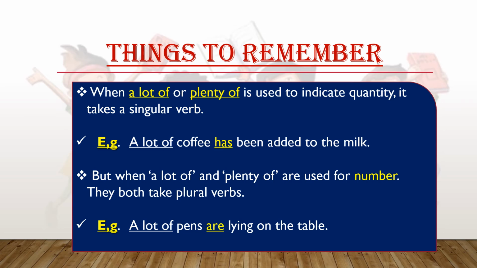So in that case, your verb will always be plural. That is why the verb used over here is are. A lot of pens are lying on the table. It's a plural verb. Always remember, in case of quantity, we will use a singular verb, and in case of number, we will use plural verbs, if we are using these words a lot of or plenty of.